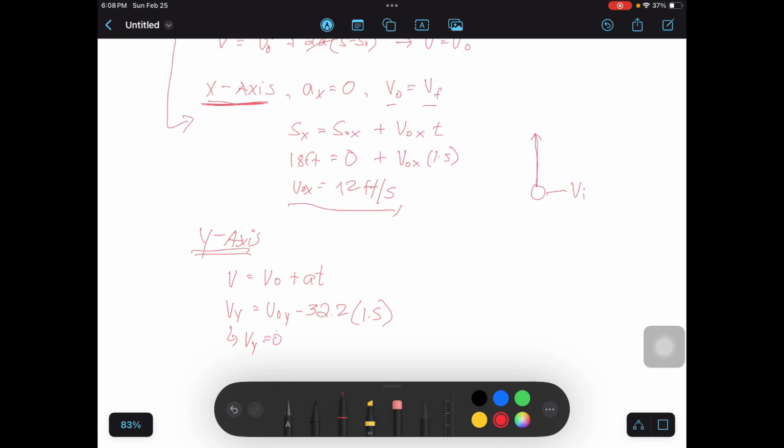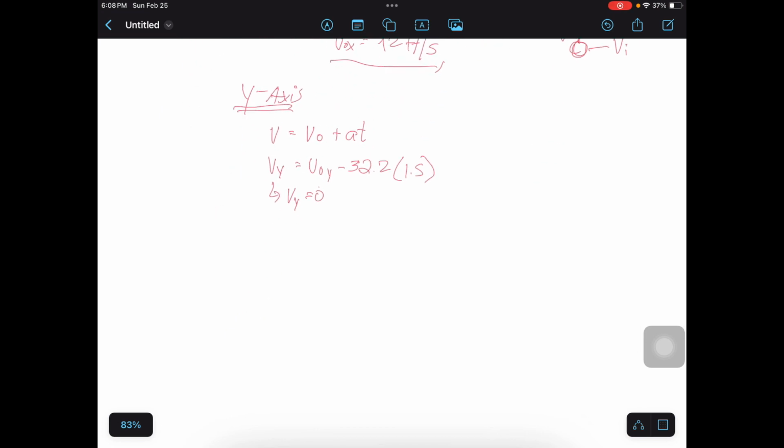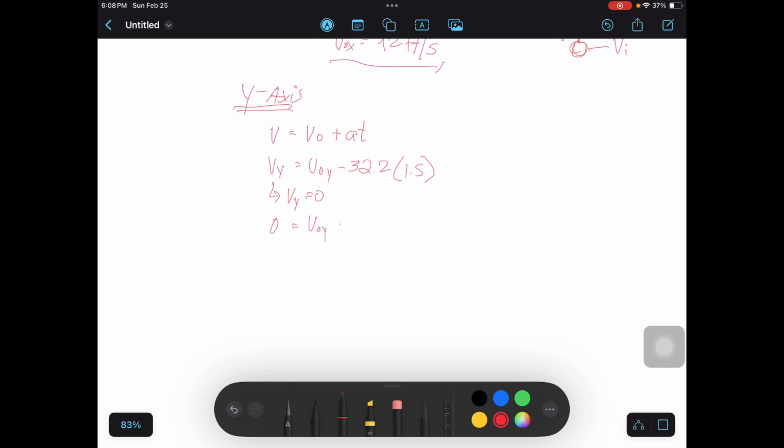Pero kapag na-reach na niya yung highest point na kaya niya, ibig sabihin, hihinto na siya at some point, at some time, at some moment. VF will be 0. Dun sa point na yun, mag-i-stop na siya and mag-start na siyang mag-fall down. So, ayun nga, VF is 0 sa time na yun. So, let's substitute 0 dun sa VY. At ang mayayari, VOY na lang ang missing natin. And we can get yung value ng VOY.